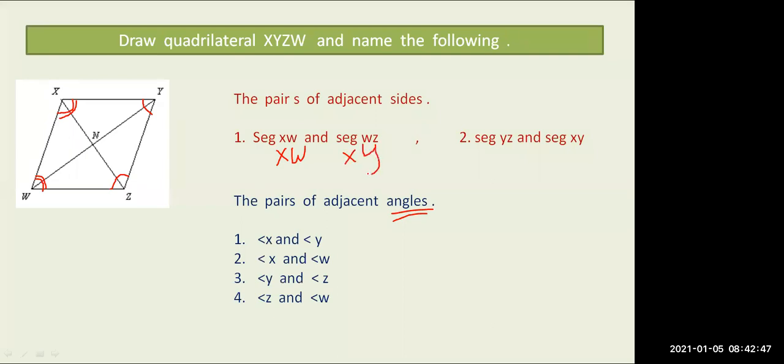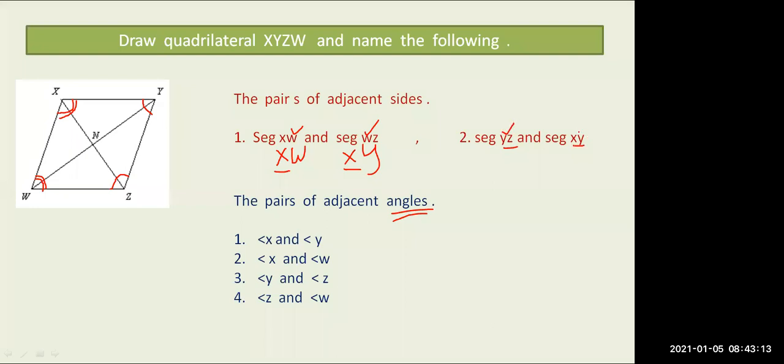See, what I have told in the adjacent concept, you have that one of the vertex is common. Okay, here also you have, see, W and W is common. Observe such things. And here also X and X is common. So these are also adjacent sides. If I'm talking about YZ, so YZ is adjacent to XY.